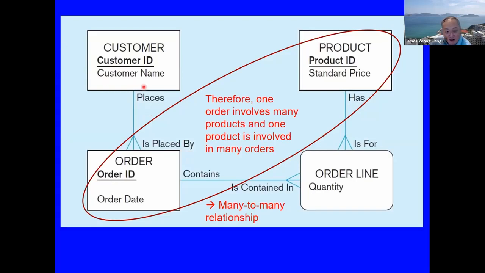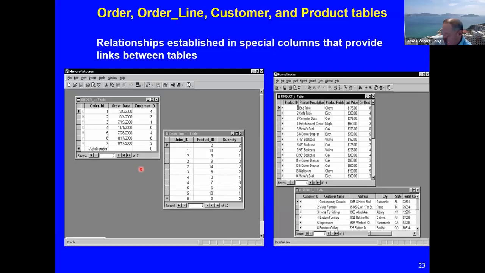Now, how do we represent this one-to-many relationship? That means that these 2 tables have a relationship. How do we link these 2 tables together? It is because customer ID, which is underlined, is the primary key of the customer table, and will be duplicated on the other side. So you see here, the customer table has a customer ID column, right?